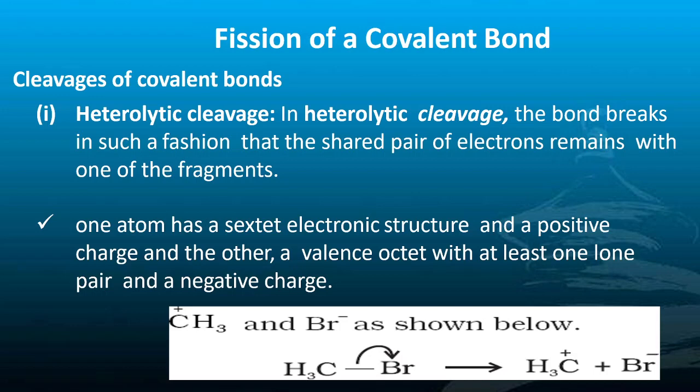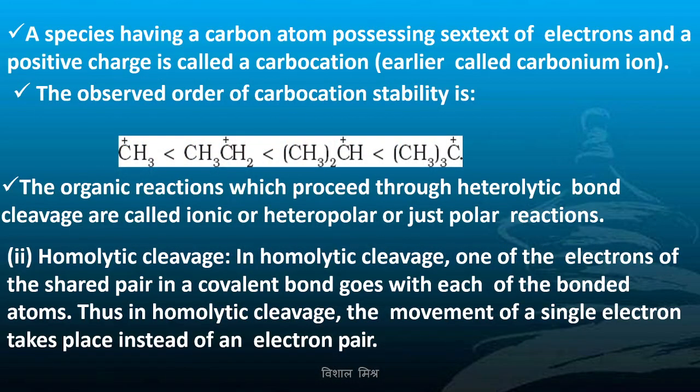Such a breakage is known as heterolytic cleavage, where one atom will have a sextet in its electronic structure and a positive charge, and the other will have the valence octet with at least one lone pair, and that will have a negative charge. Meaning one will not be completely satisfied, and the other will have one more electron than its actual count.